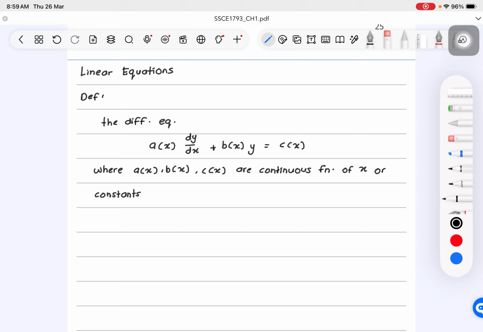So this one is called first order linear equation. This is the general equation.